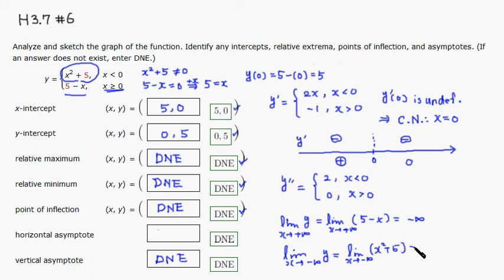As x approaches negative infinity, x squared is positive infinity, plus 5 is still positive infinity. So we cannot get a finite value. Therefore, there is no horizontal asymptote. It does not exist. So there are a whole bunch of does-not-exists, but this is it. I hope that this was clear.